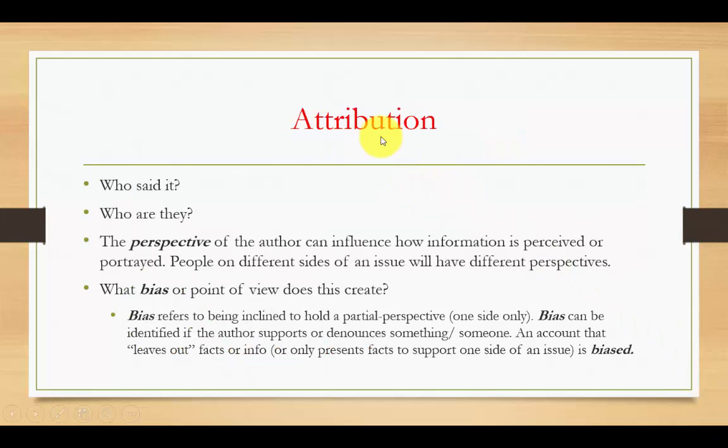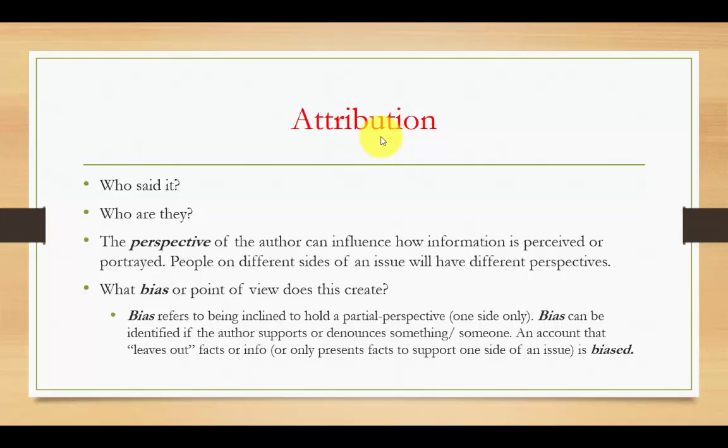Attribution. What is attribution? Attribution refers to who said it, who wrote it, who created it. So the author or the creator, and who they might be affiliated with. So who said it and who are they?